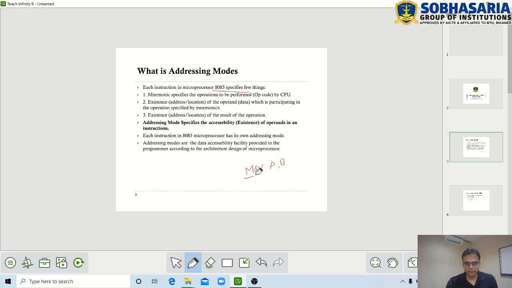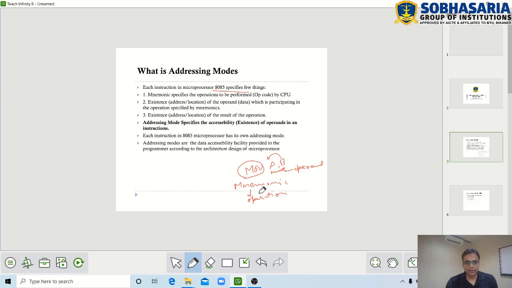This part of the instruction is called the mnemonic, and these two are the registers where the data transfer will take place from B to A. These two are known as operands. The operands are the variables or the data which participate in the operation. So the mnemonic specifies the operation which the CPU is going to perform, right?